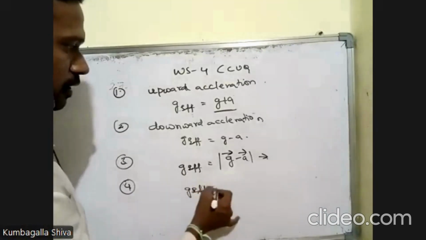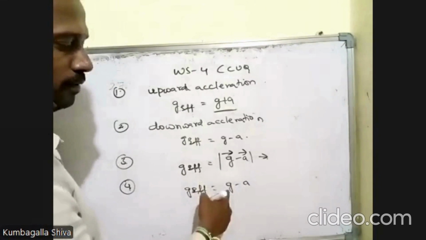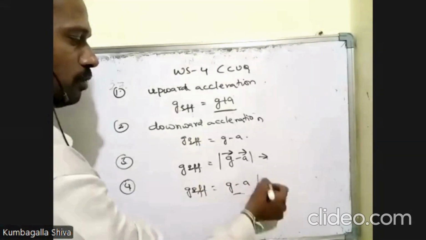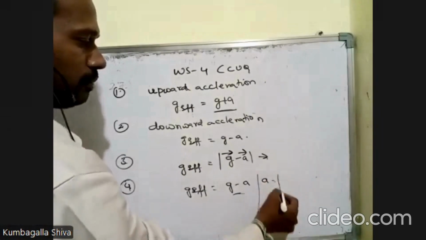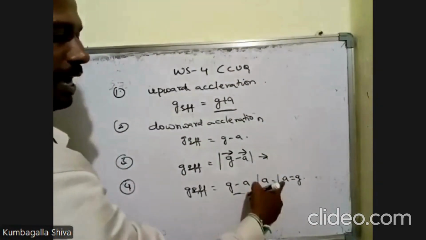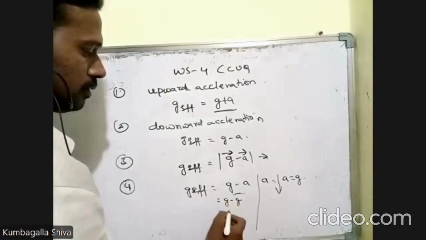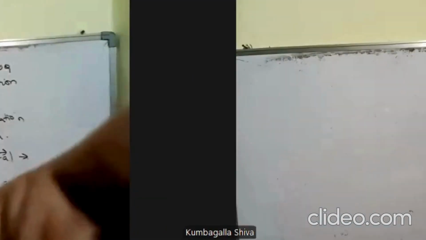G effective is equal to G minus A. For a freely falling body, acceleration A will be equal to G. So G minus G, what do you get? 0. Am I clear? Take down these answers.